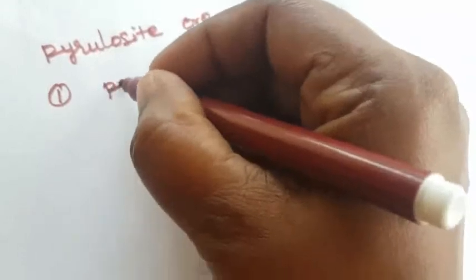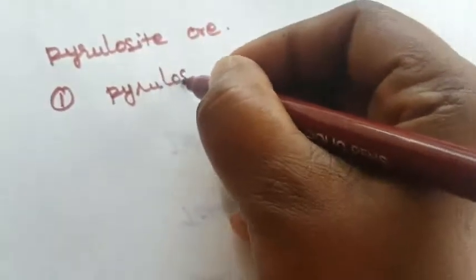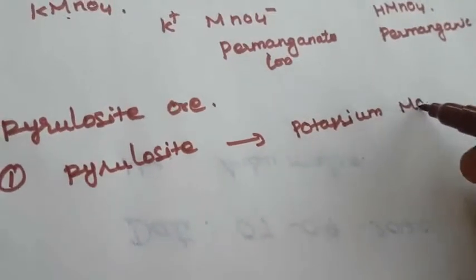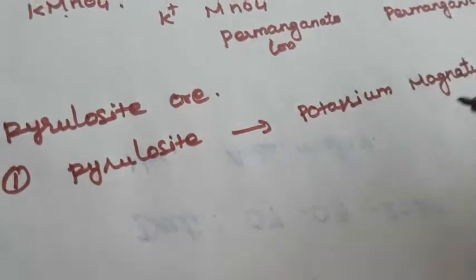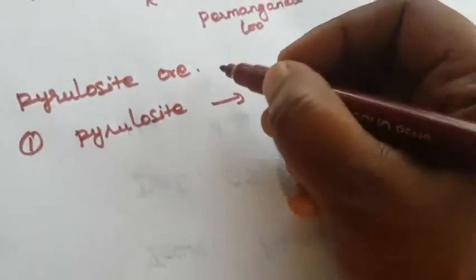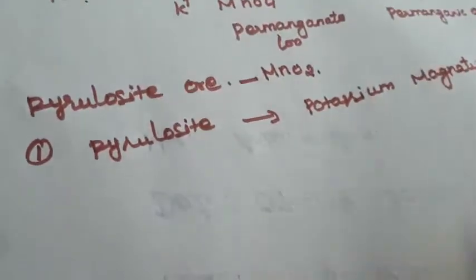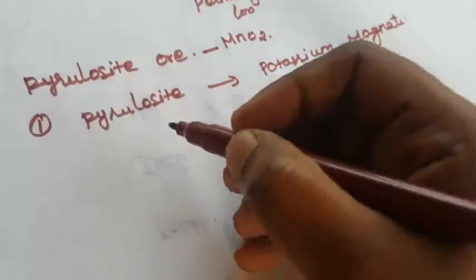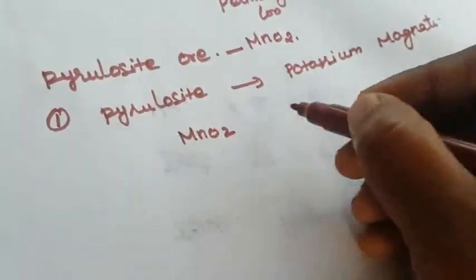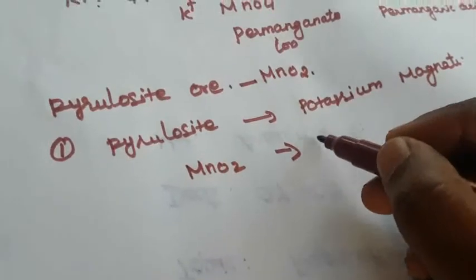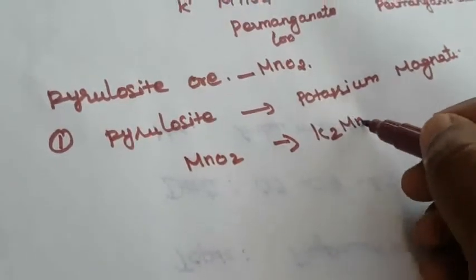In the first step, pyrolusite is converted into potassium manganate. The pyrolusite ore is the compound MnO2. So the first step is MnO2 converted into potassium manganate, K2MnO4.